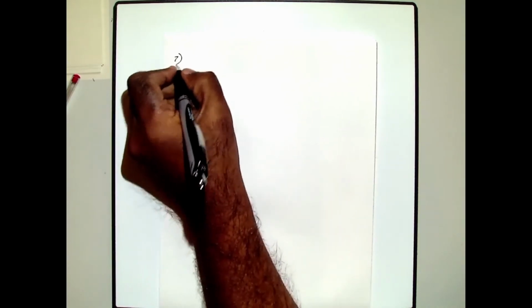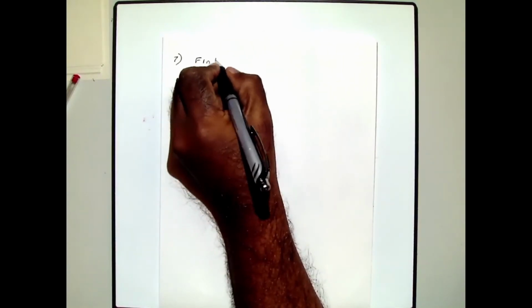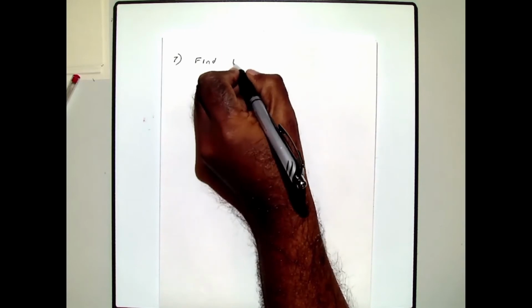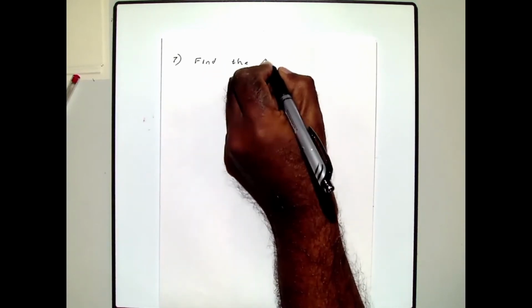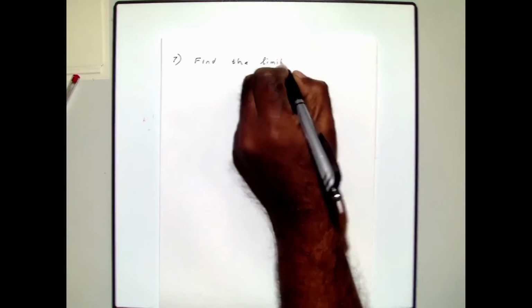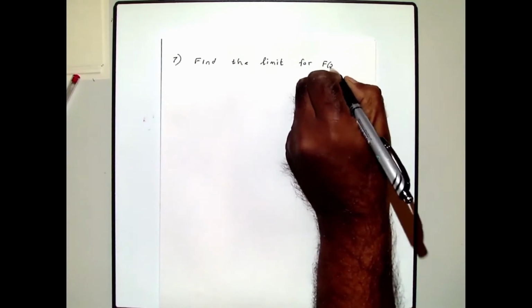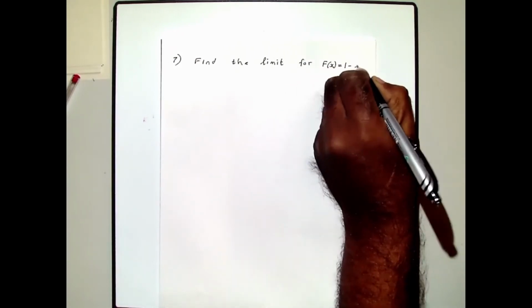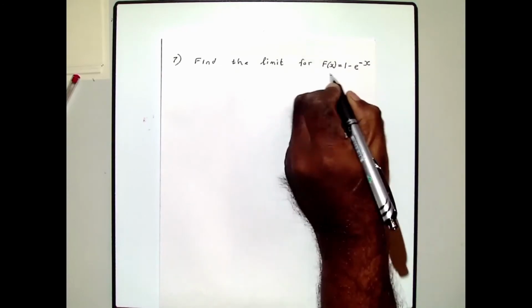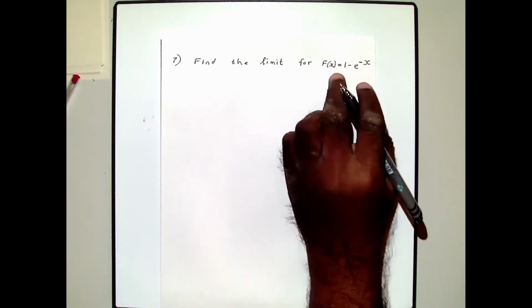The next question on sheet 1 is question 7. The question is to find... this is, I'm sure all of you know, the exponential distribution.